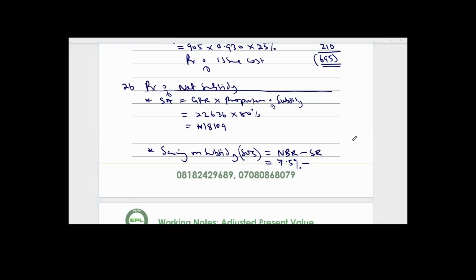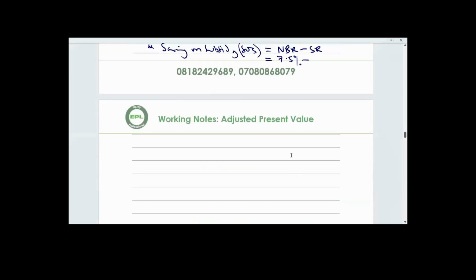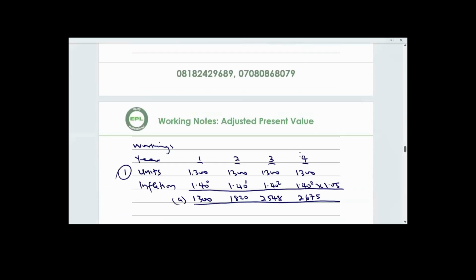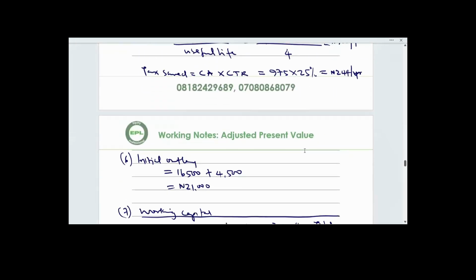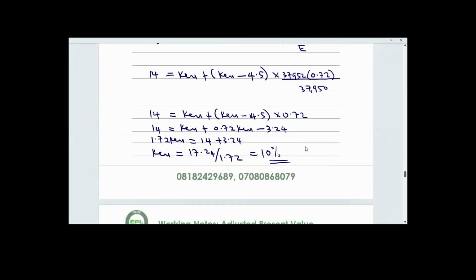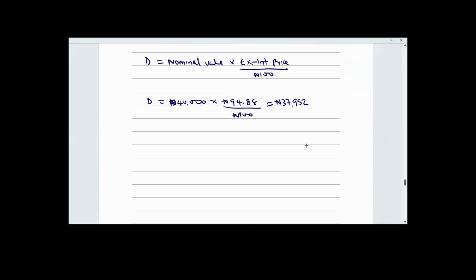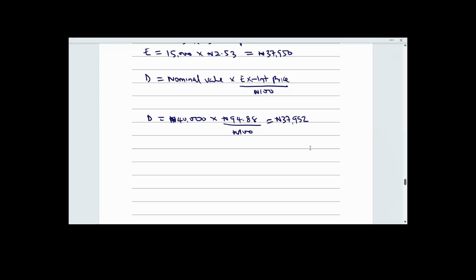According to the question, the interest rate on the subsidized loan is 200 basis points below the company's normal borrowing rate. So the normal borrowing rate is 7.5%, and 200 basis points below 7.5% gives 5.5%. So let's do the working first. Normal borrowing rates, that's working 10.